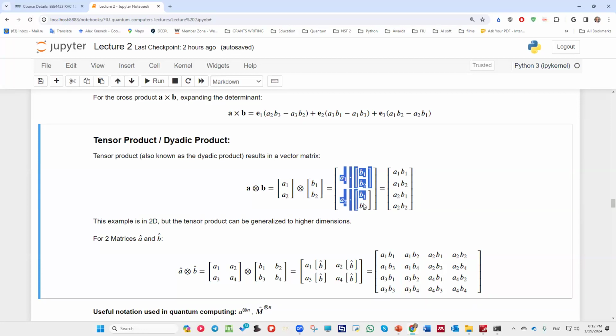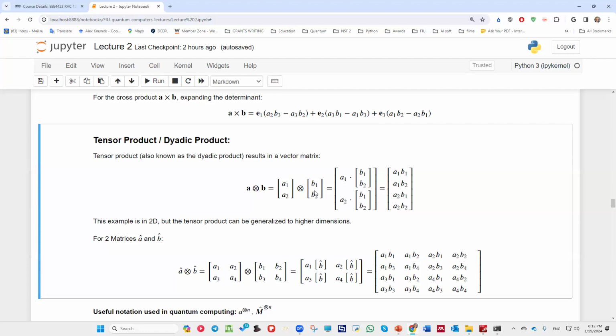And the same for the second component. And in return, I get a vector with 4 components. Okay, so I started from two-dimensional vectors, and the result of the tensor product is a 4-dimensional vector.